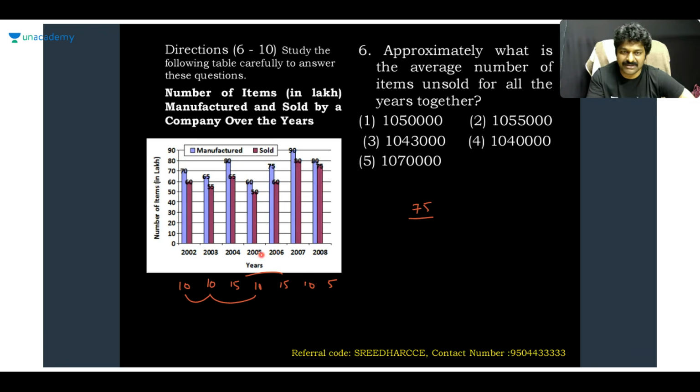And then average is divided by 7, which is equal to 10 point, that becomes 10, 5 by 7. 5 by 7 in the sense 7 times and something. You should see a number 10.7. This is here. Fifth option, final answer.